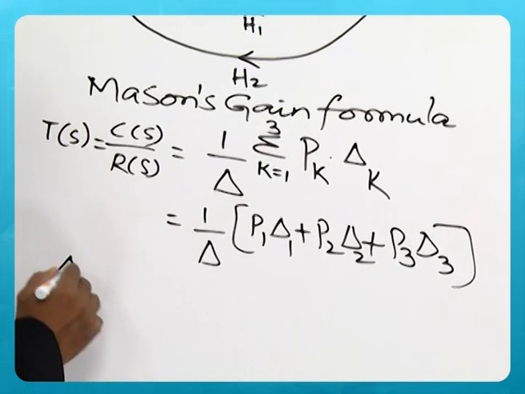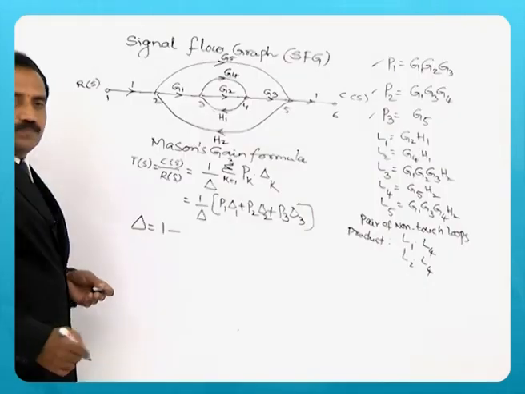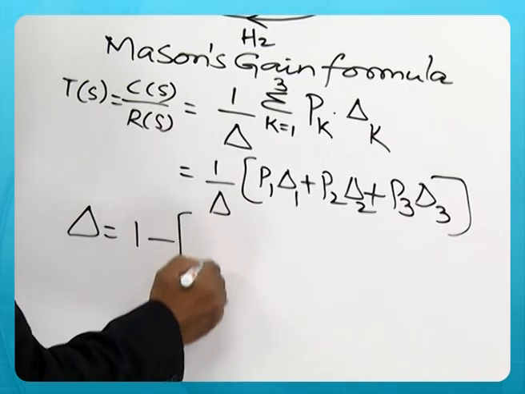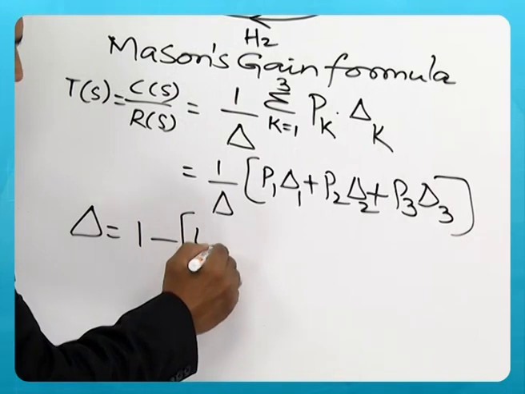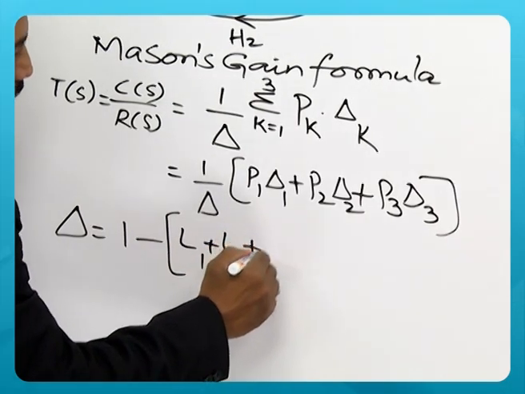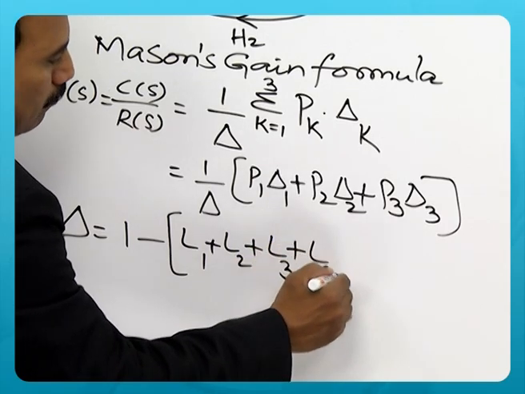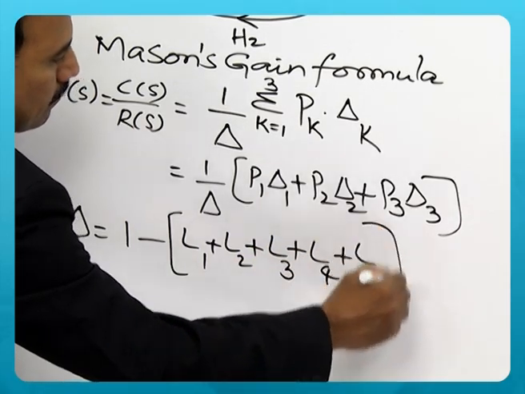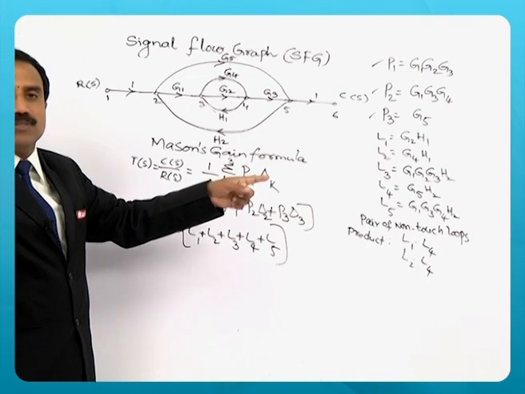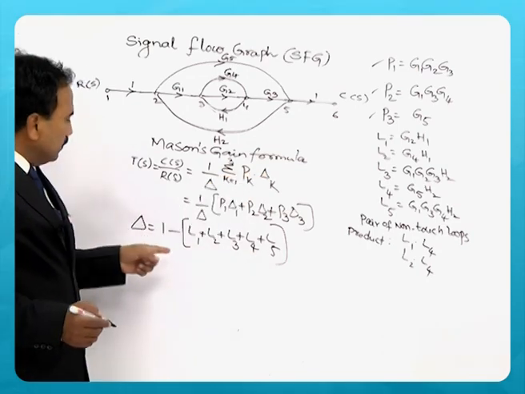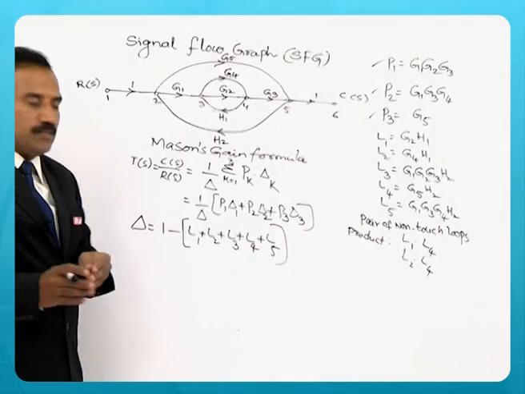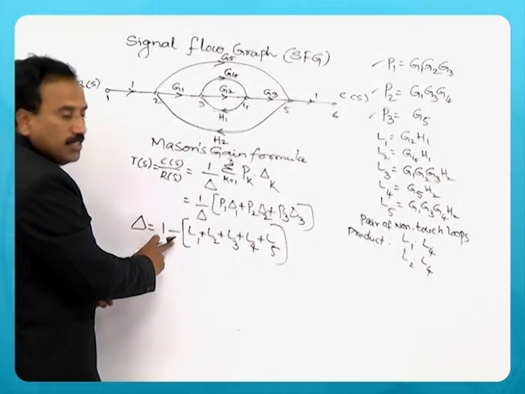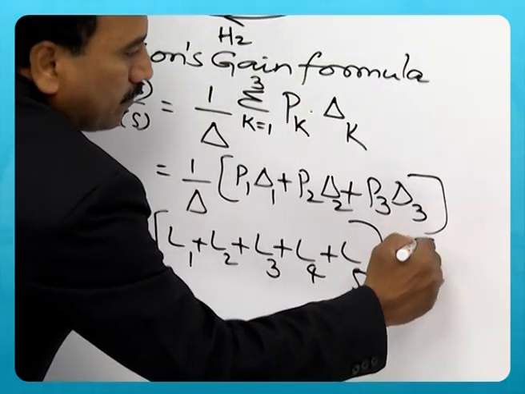Delta is 1 minus the sum of individual loop gains, meaning L1 plus L2 plus L3 plus L4 plus L5. The 5 such loops you have already identified. So 1 minus the sum of individual loop gains. Once you have used minus here, then plus.